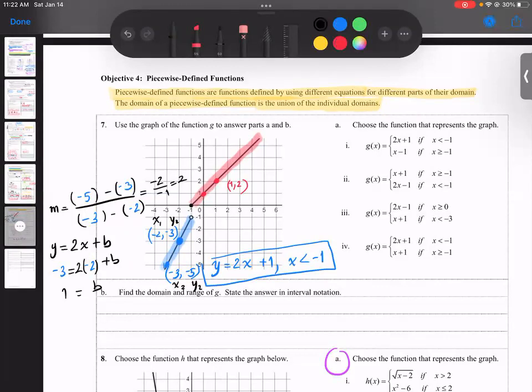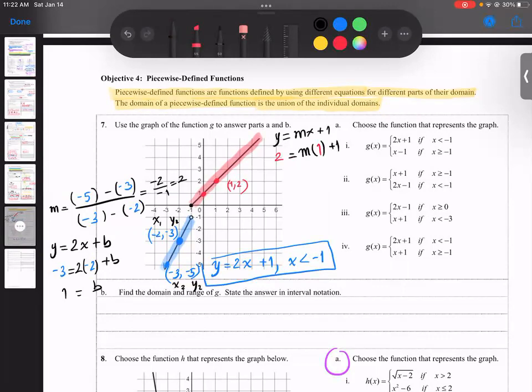I know y equals mx plus 1, my y-intercept is 1. I need to find m, so I'm going to use this point right here. y is 2, x is 1, plus 1.